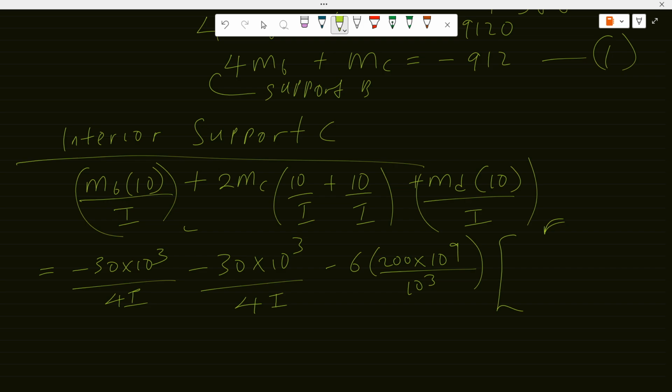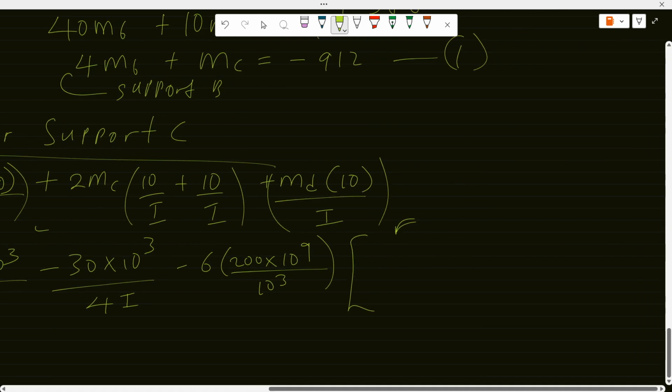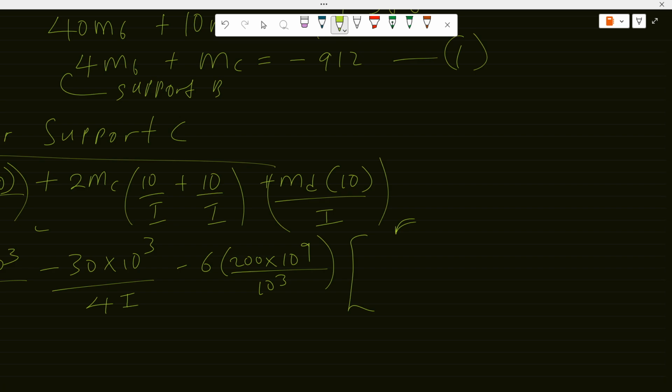Now our settlement. So delta left minus delta interior support over L of delta left. So it means that delta B minus delta C over L, and B rather.